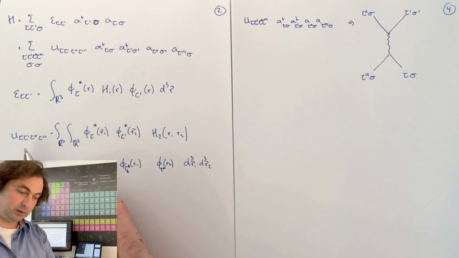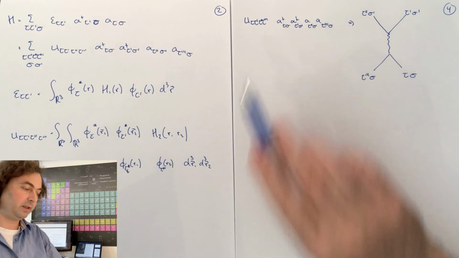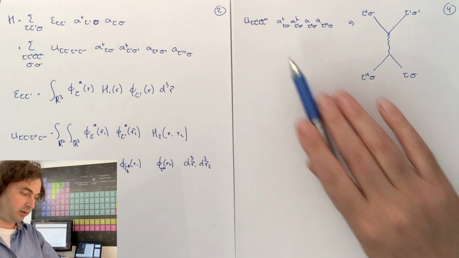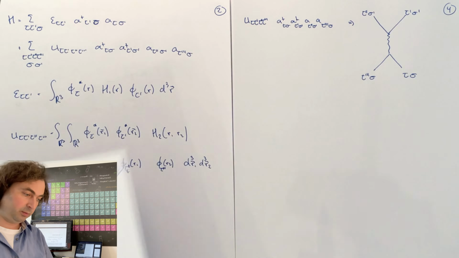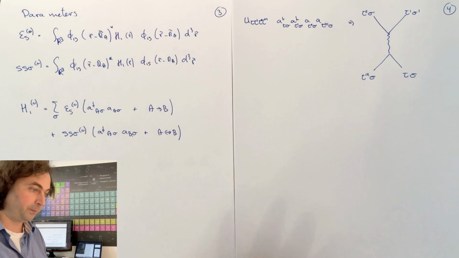And the integral that you have is exactly written down here. So you can completely calculate for such a diagram what the parameter or the strength of that interaction would be.